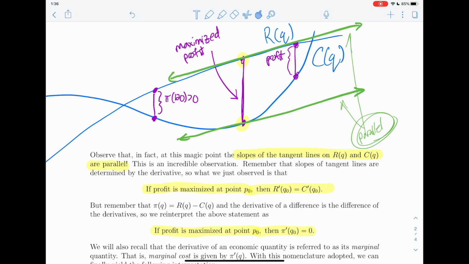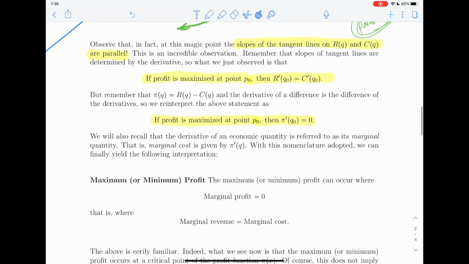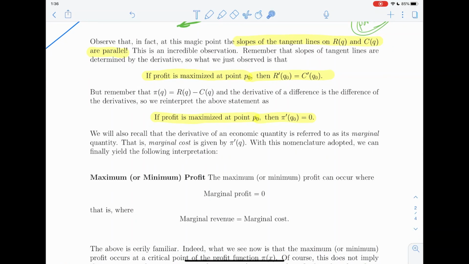Now, let's bring back some more vocabulary that we've discussed in the past. We were going to recall that anytime the derivative of an economic quantity is discussed, we usually refer to that as its marginal quantity.